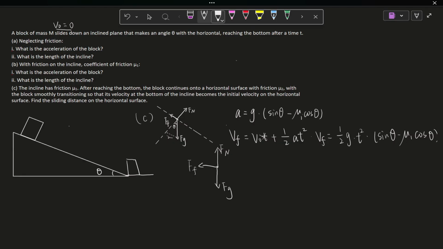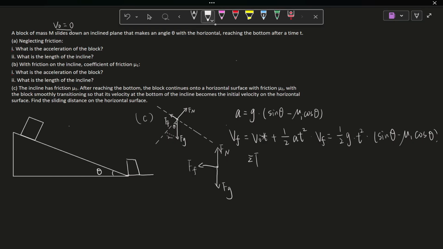In this scenario, the object is not moving vertically, right? Because it's only moving horizontally. So over here, Fn is equal to Fg.